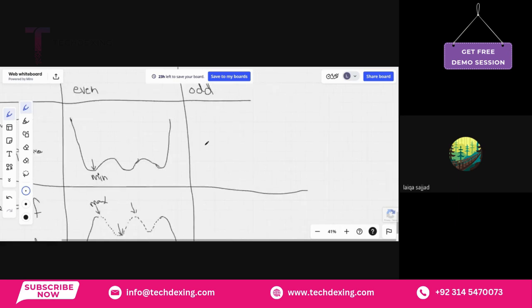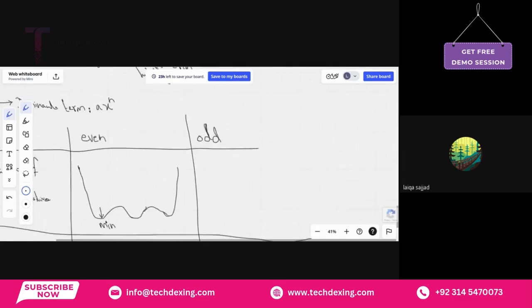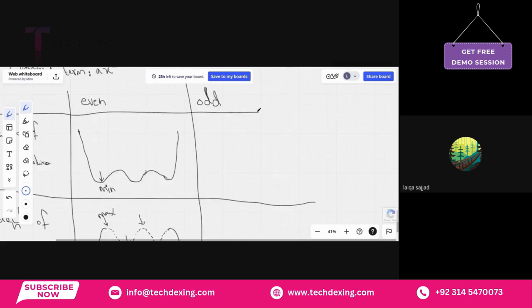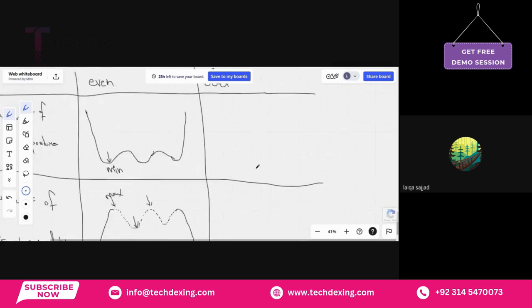Same goes for the odd power, when the value of n is odd, like 1, 3, 5, and so on. You can have it like this. Its number of turns also depends on the power, but it would be generally like this.